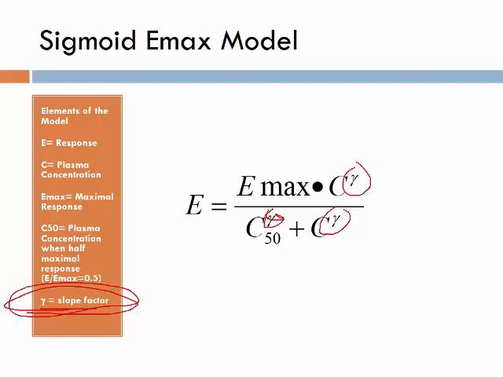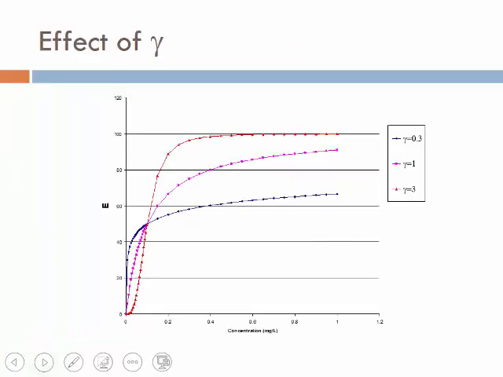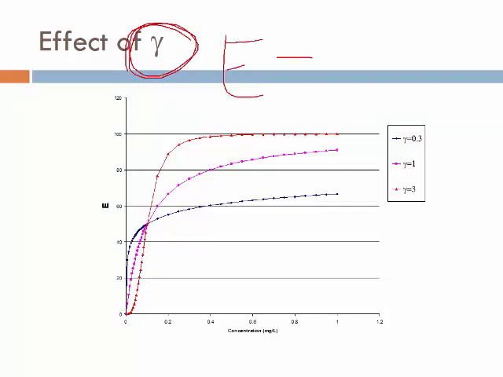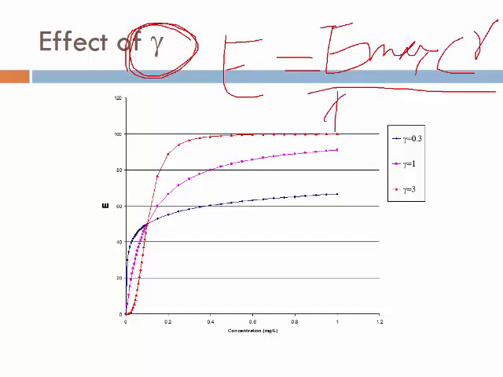So I will show you a slide of what you have seen before in an earlier slide that showed the relationship and the effect of this slope factor we call gamma. So gamma here is that slope factor, and if we look at our model, the effect is equal to Emax times our concentration raised to the gamma all over C50, I almost wrote Km, raised to the gamma, plus C raised to the gamma.